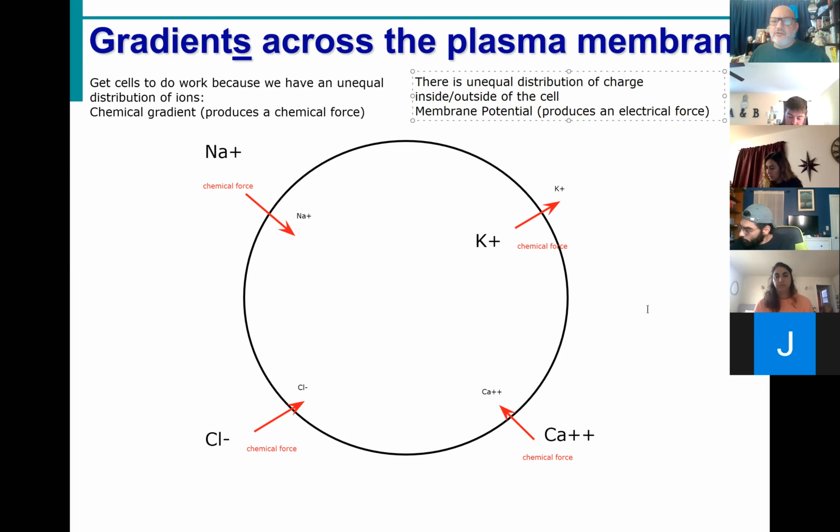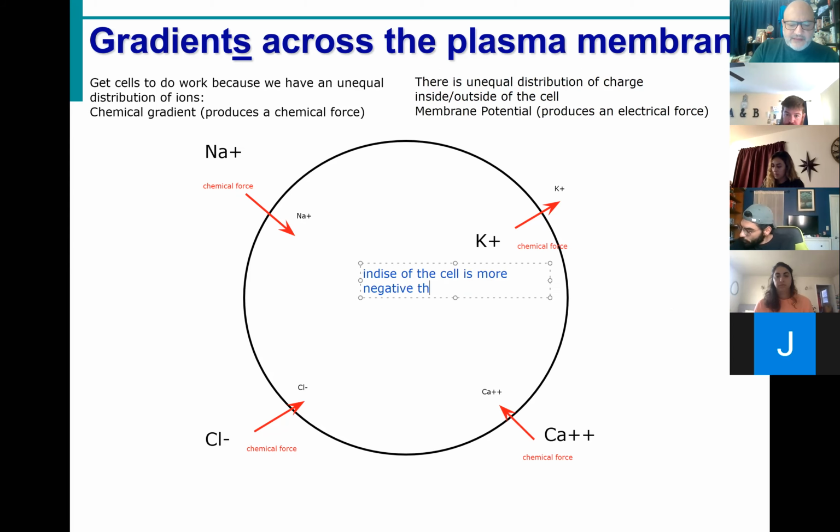As it turns out, the inside of the cell is more negative than the outside.